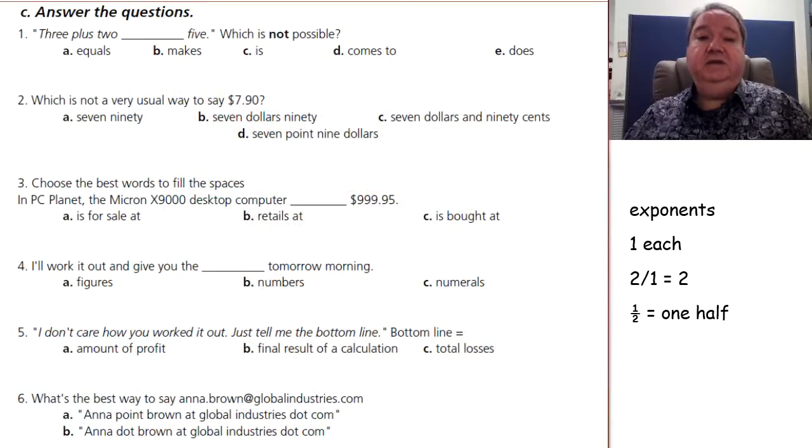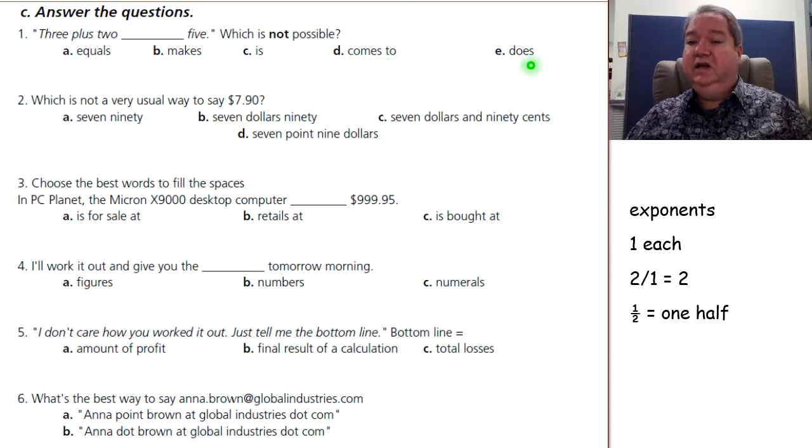Okay, let's move on to part C. Answer the questions. 3 plus 2, blank 5. 3 plus 2, which one is not possible? So 3 plus 2 equals 5. 3 plus 2 makes 5. 3 plus 2 is 5. 3 plus 2 comes to 5.